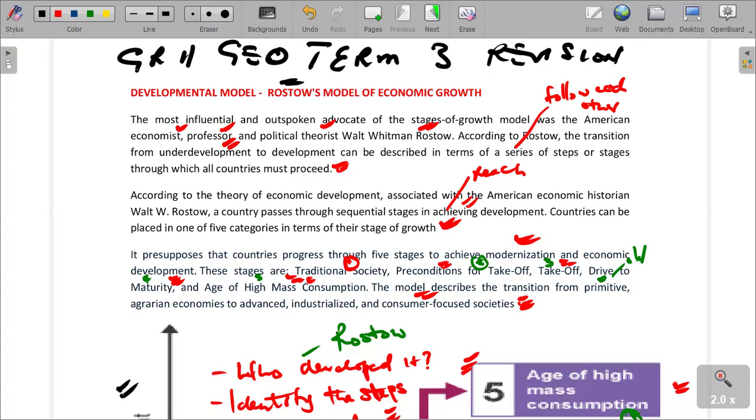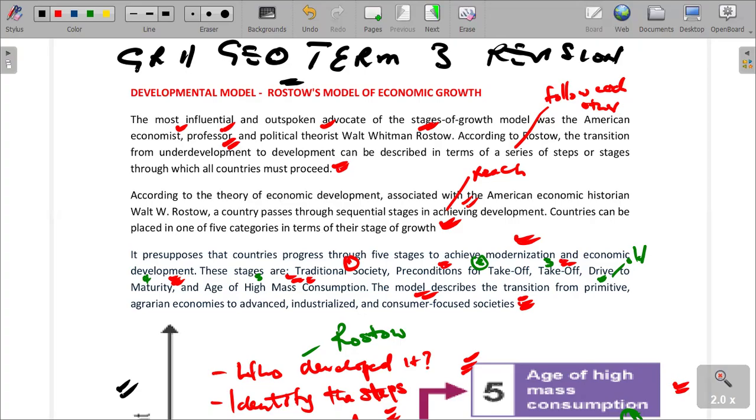And then, according to him, the transition from underdevelopment to development can be described and analyzed in terms of a series of steps or stages through which almost every country must proceed. So, according to this economist, countries pass through sequential stages in achieving development.